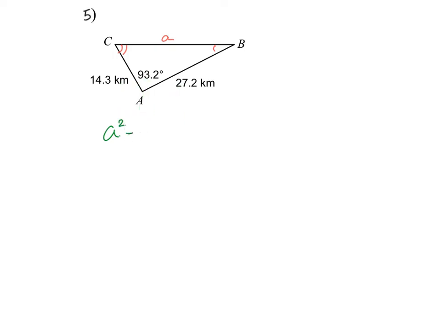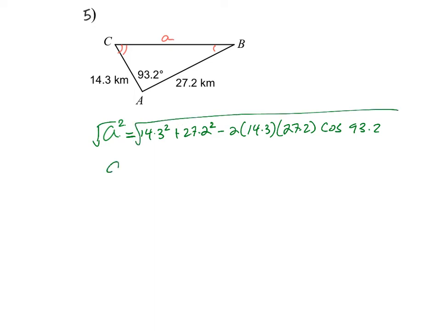So it equals 14.3 squared plus 27.2 squared minus 2 times 14.3 times 27.2 times the cosine of 93.2. So I'm going to take the square root of that. So in this case, A equals 31.4 kilometers.